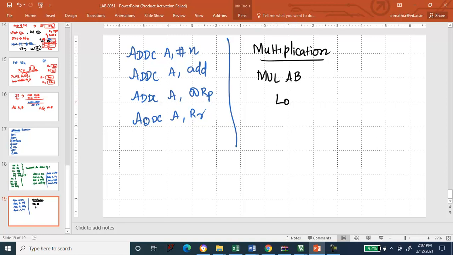The lower order byte you place in A, and the higher order byte will be in B. One thing you need to remember is about the overflow flag.